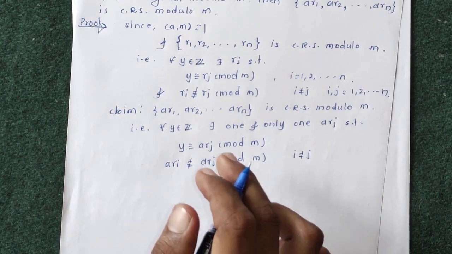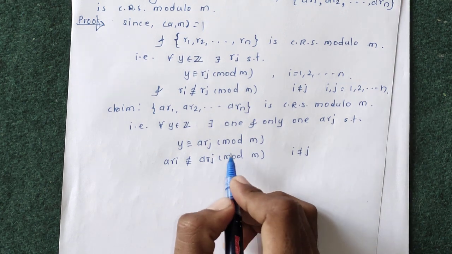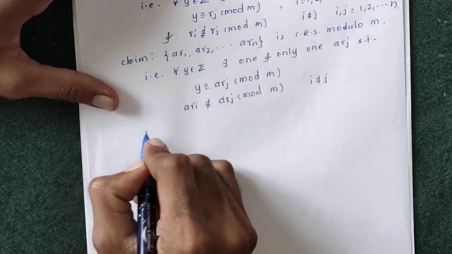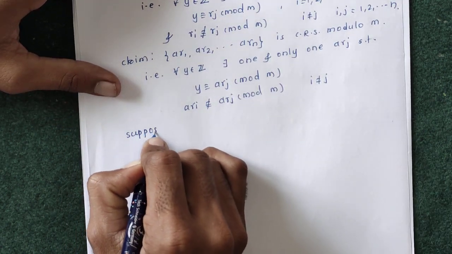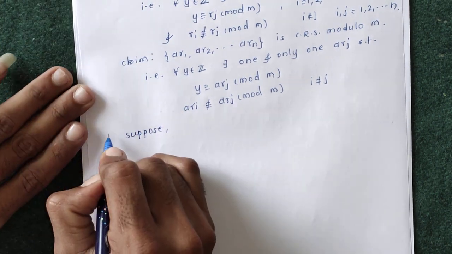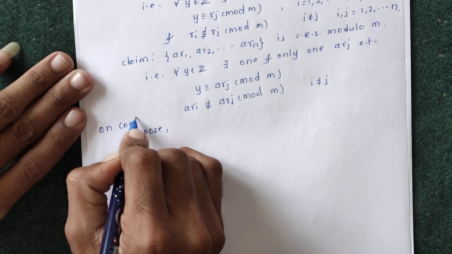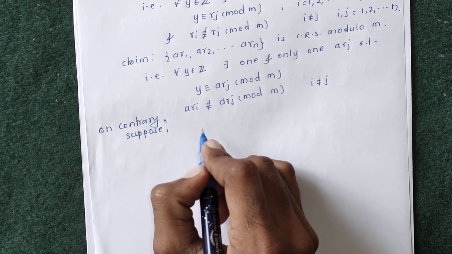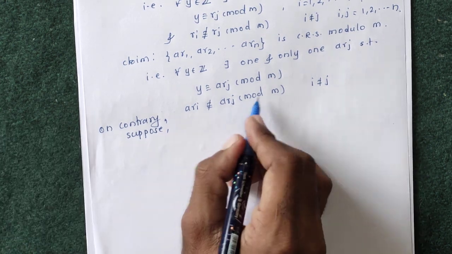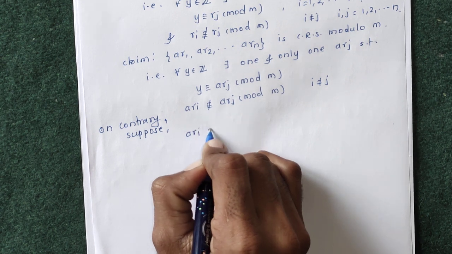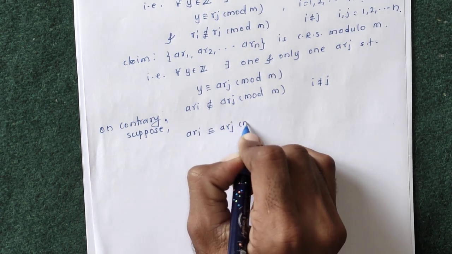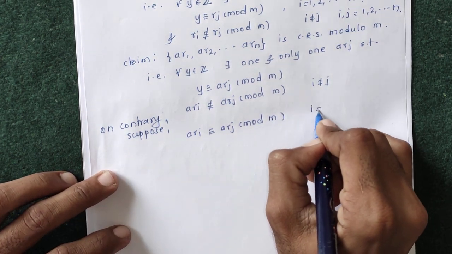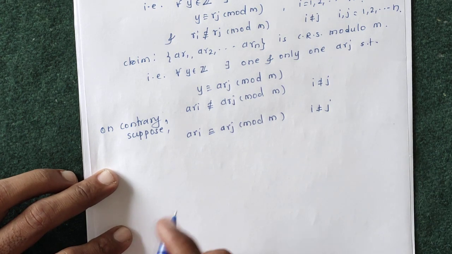Now we are going to prove this by contradiction. Suppose, on the contrary, ARi is congruent to ARj modulo m for i not equal to j.